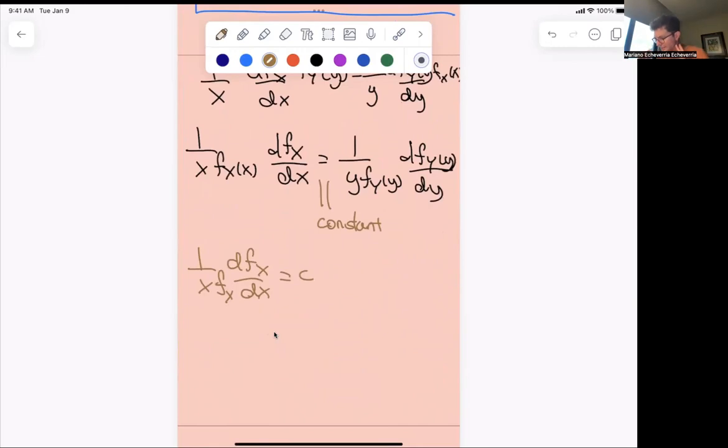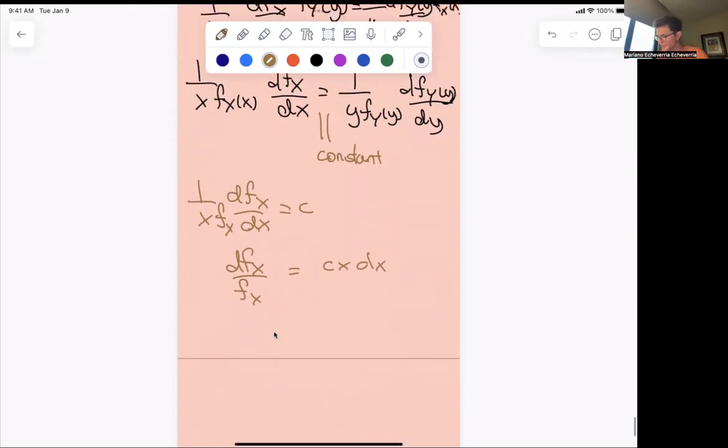This is not that different from the ones that you would solve even in Calc 1. It's similar to what you would do when you were finding potential functions or things like that. So you get c x dx. Okay, and when you integrate both sides, you get ln of f sub x equals c x squared over 2 plus some constant.